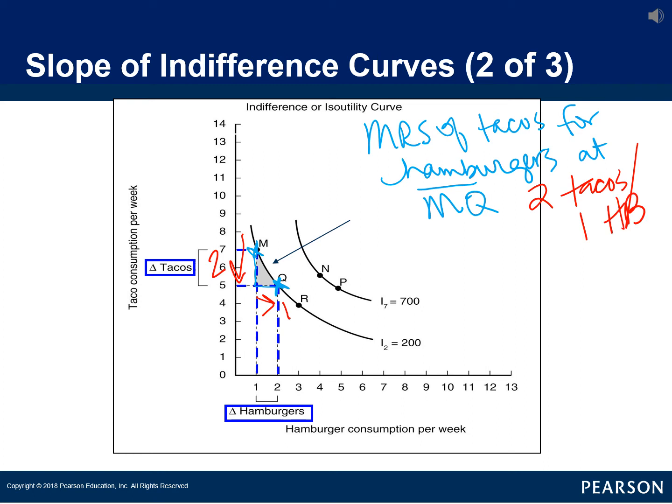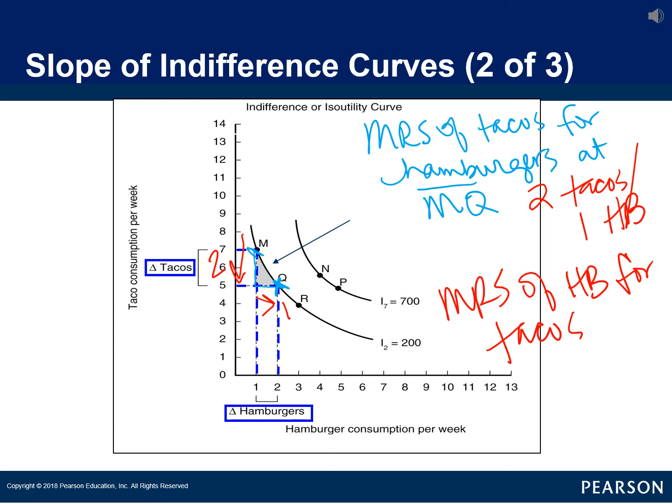Okay. Now, if I wanted to switch that and say MRS of hamburgers for tacos, so marginal rate of substitution, I want to substitute out hamburgers to gain tacos.